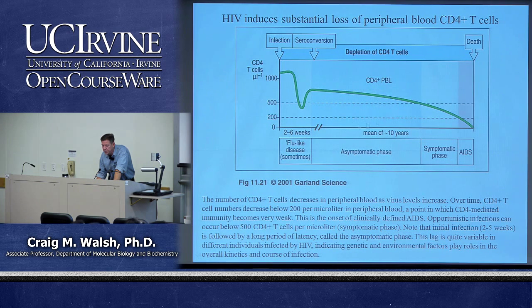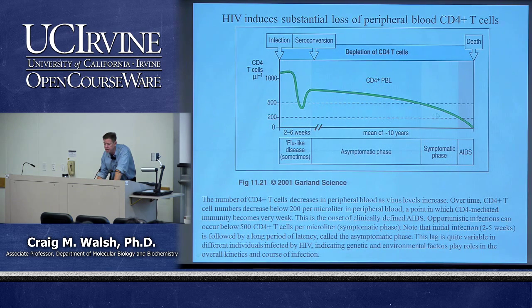Basically, this variable phase is followed by the symptomatic phase, where the counts start to get below 500. At this point, you are susceptible to a lot of diseases, pneumonia and other kinds of things. You're sick, but you still have enough CD4 T cells to keep you alive.